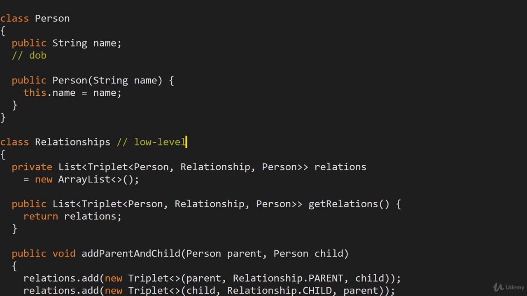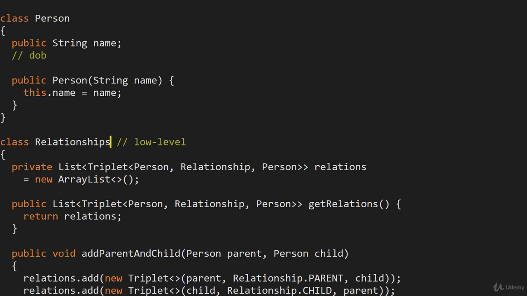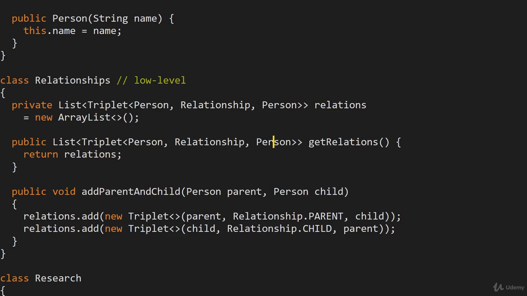It simply keeps a list, and it gives us some sort of access to that list. So it's a low-level implementation. It doesn't have any business logic of its own. It simply allows you to manipulate the list, and that is its single responsibility. So here we encounter the single responsibility principle, which is that the Relationships class's single responsibility is to allow manipulations of the list that we have here.